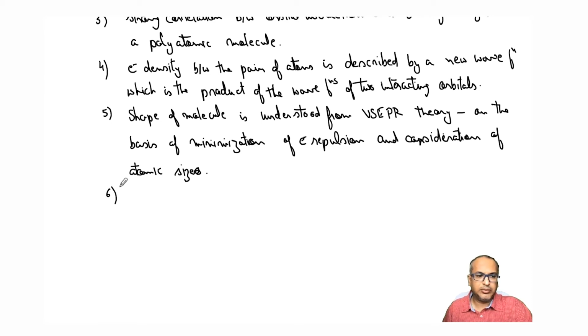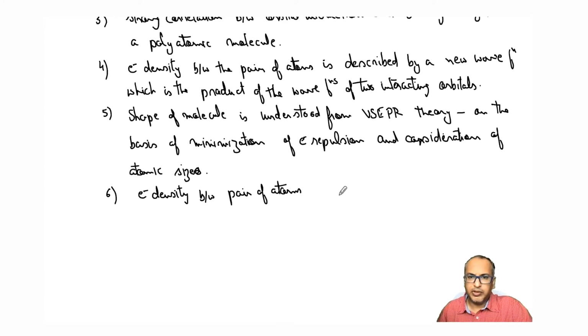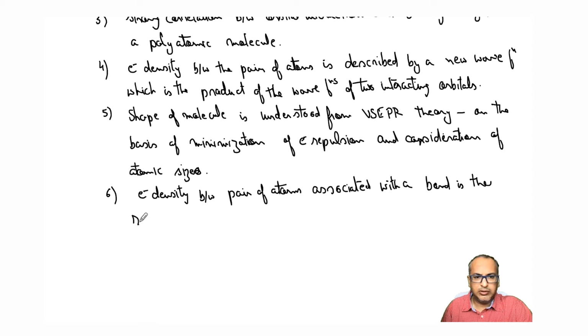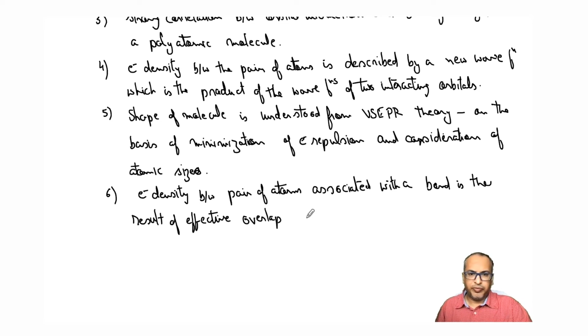Alright, and I think the last point is electron density between a pair of atoms associated with a bond is the result of effective overlap of appropriately oriented atomic orbitals.